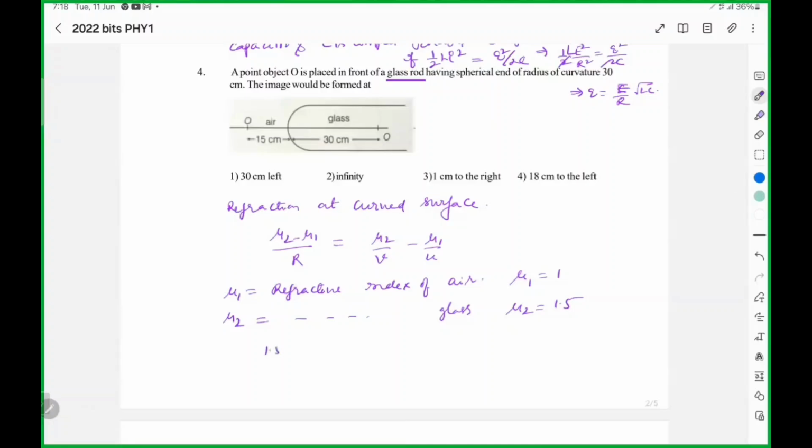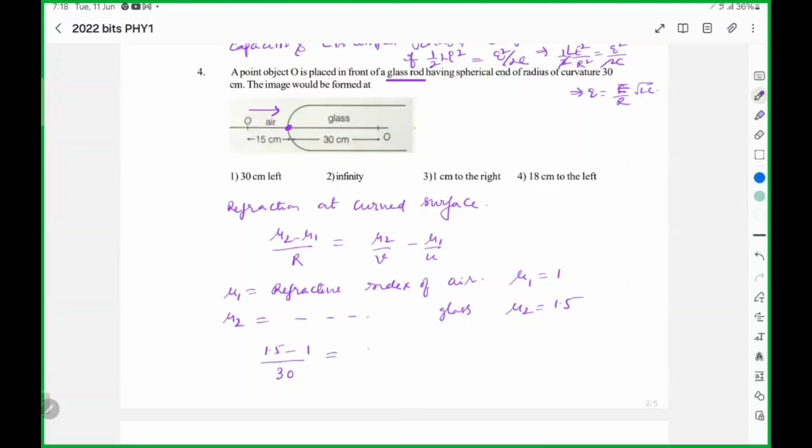Here it is 1.5 minus 1 by the radius of curvature. Here the ray is moving from air to glass. So from this point we measure radius of curvature, which is given as 30 centimeters.